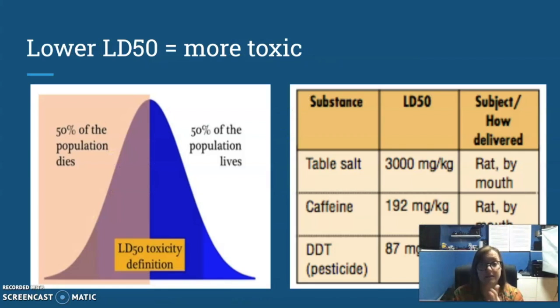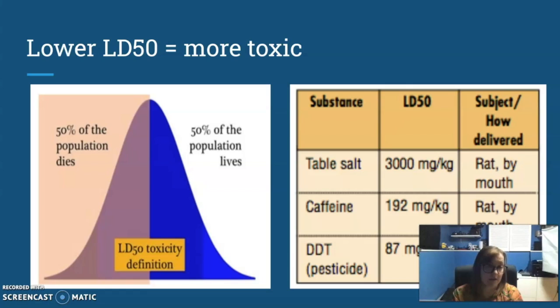So this gives you kind of a visual of LD50, when you administer that toxin and half of them die. So it's giving you a graph form of that. But then it also tells you how much you would need for certain substances. So like table salt, you'd need 3,000 milligrams per kilogram.